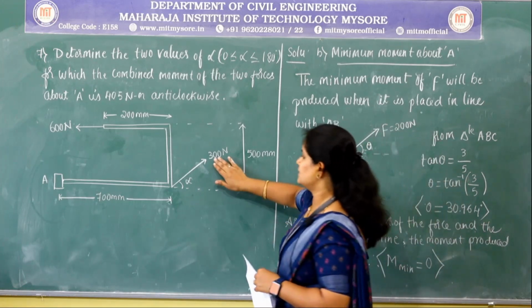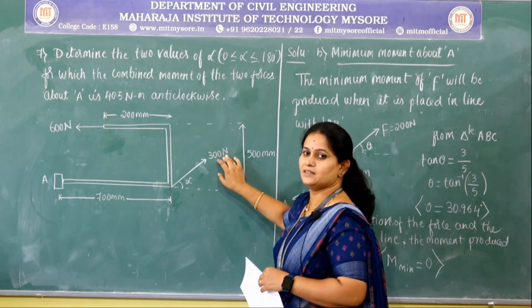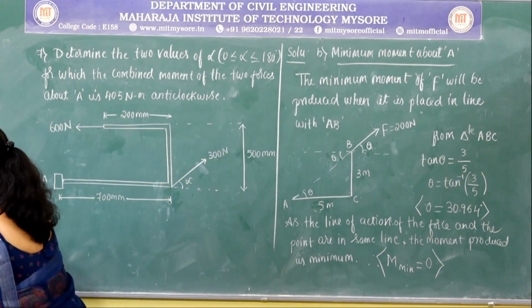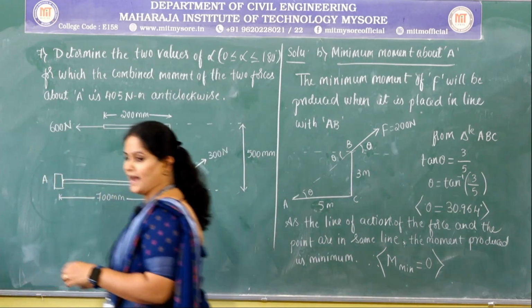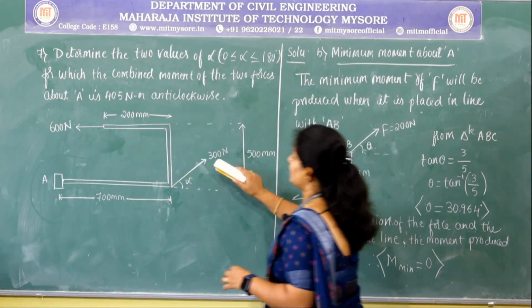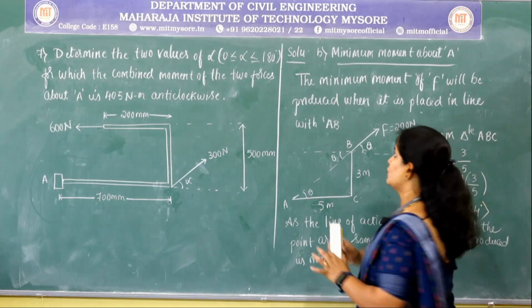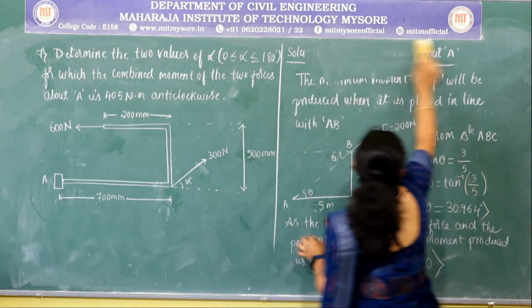So, one is this position which is given in the question. We shall find these two orientations so that the moment produced by these two forces in both the cases is equal. So, how to find that?